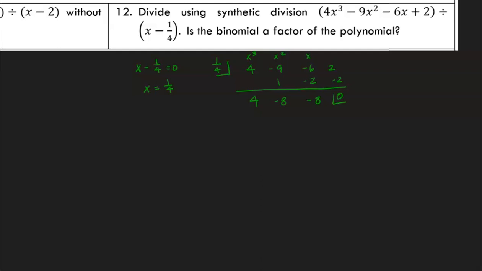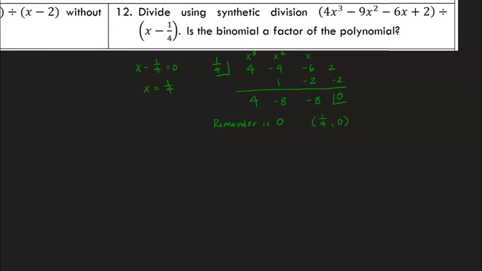So when I divided using synthetic division, my remainder was 0. When the remainder is 0, you know that the point (1/4, 0) is a part of that polynomial. That's an x-intercept.